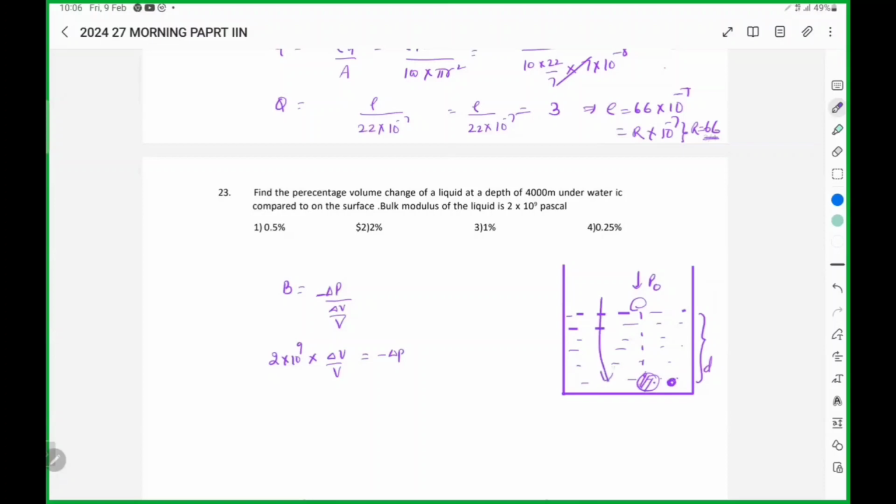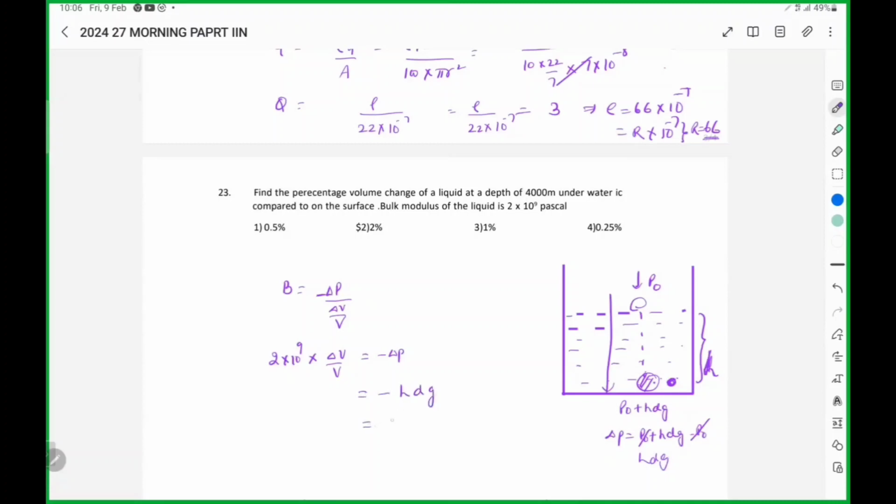At this point, pressure is P naught plus h d g, where h is the depth of the liquid. So the difference in pressures is h d g.